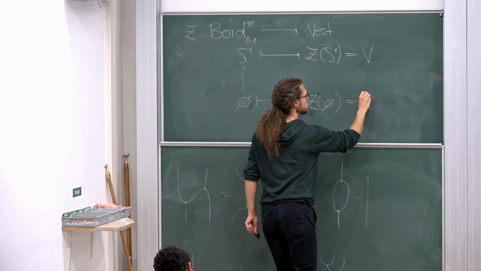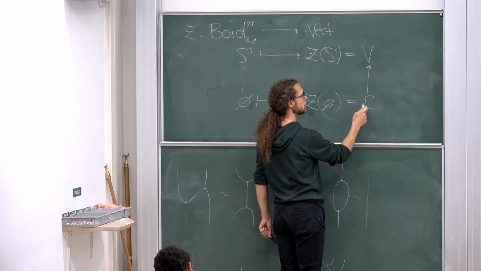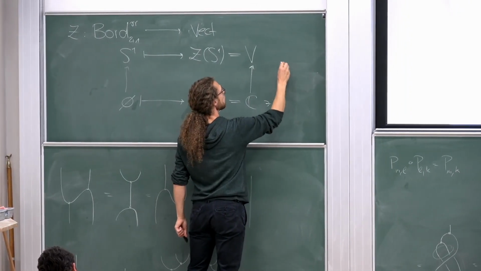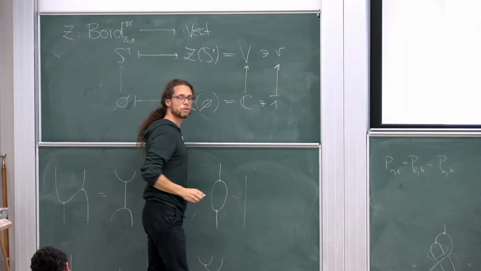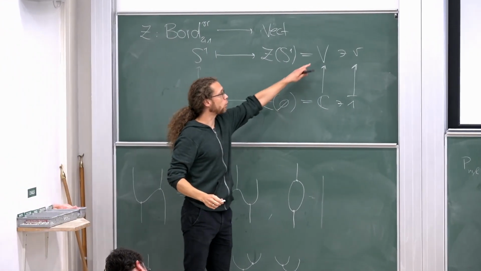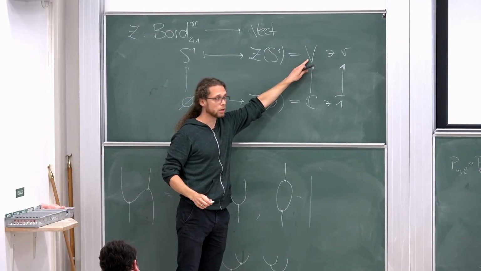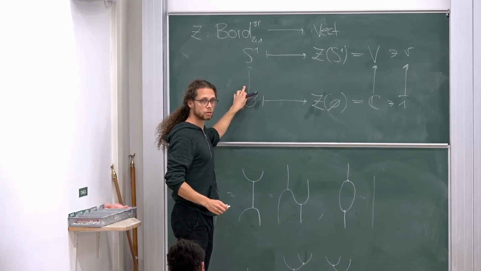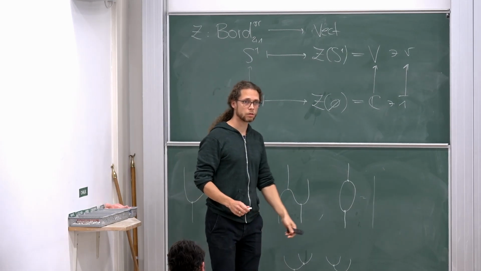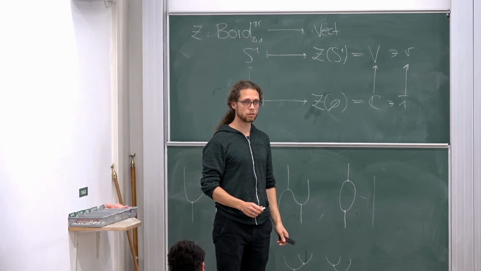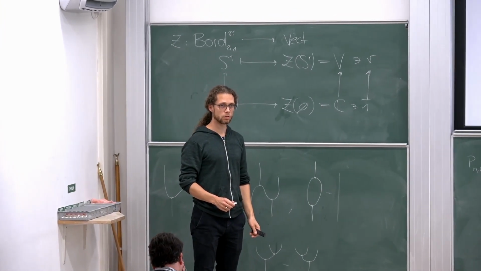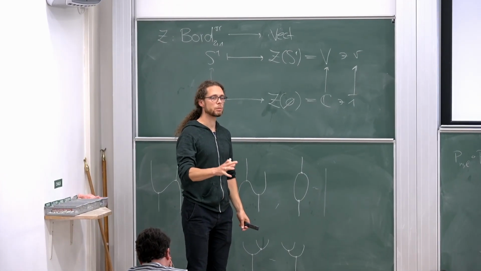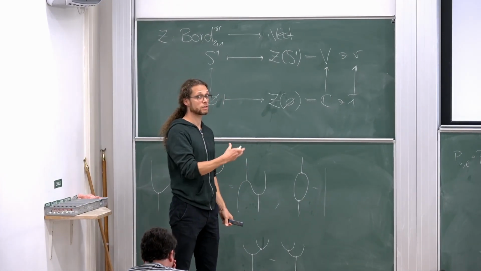A linear map from C to V would send the number 1 to some vector over here, and we ask whether we can get all the vectors little v in here from some bordism here. Yeah, although I should clarify, I understand this, because obviously if there was an operator, that'd be like a puncture on the disk, I guess, which would then just be a cylinder from S1 to S1. Yeah, but maybe we can effectively construct such an operator.